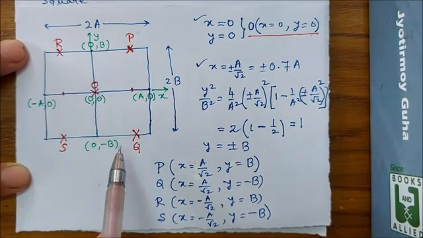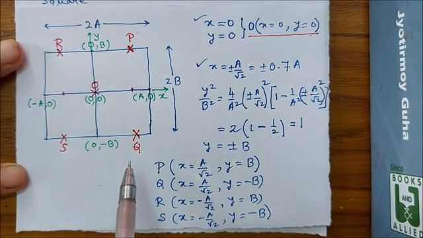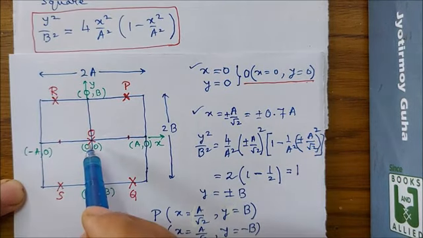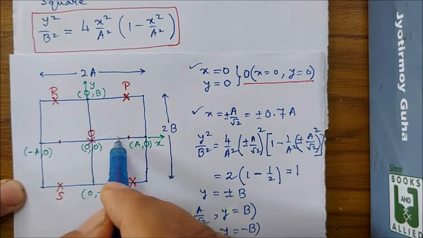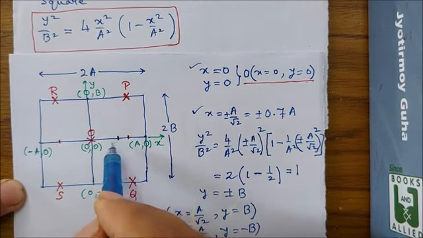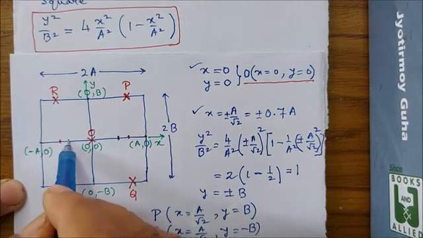To get a clearer idea, we have to search for more points, and let us do it. Let us find the values of y corresponding to x equal to a by 2 and minus a by 2.